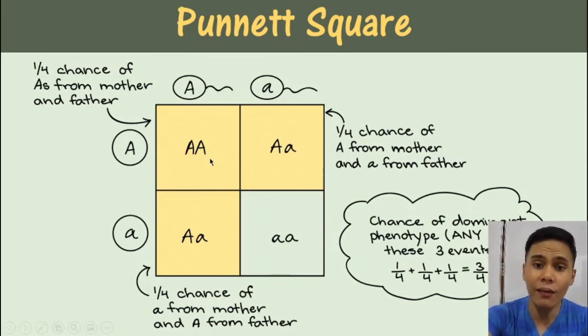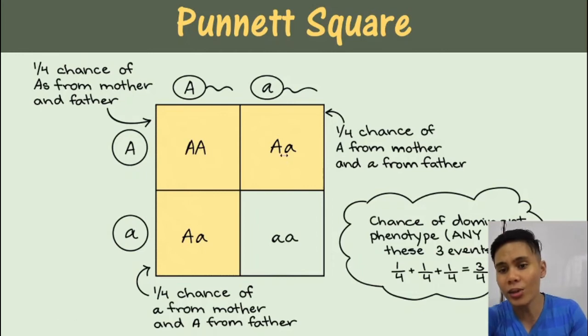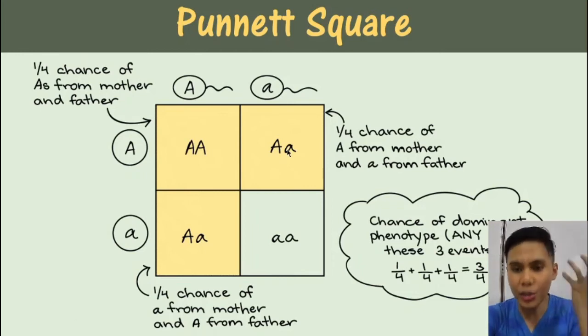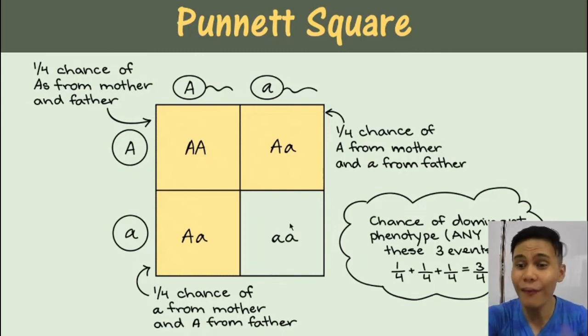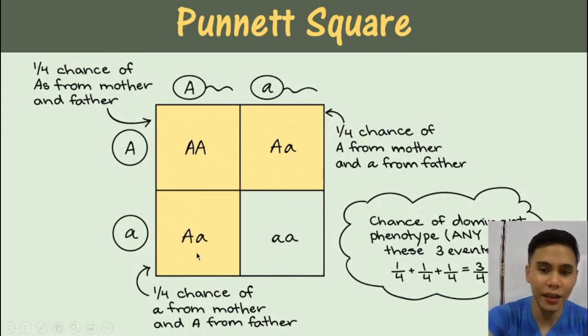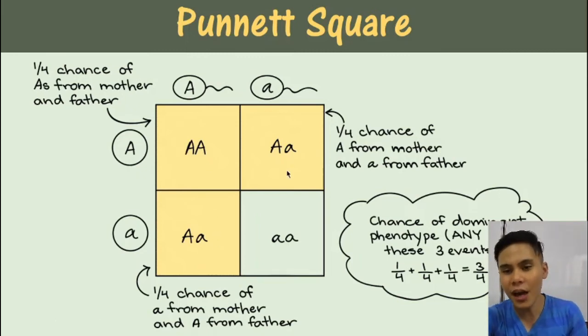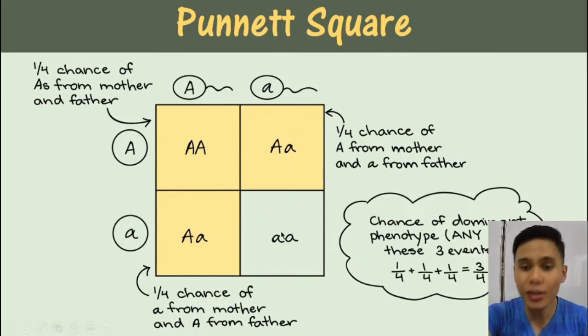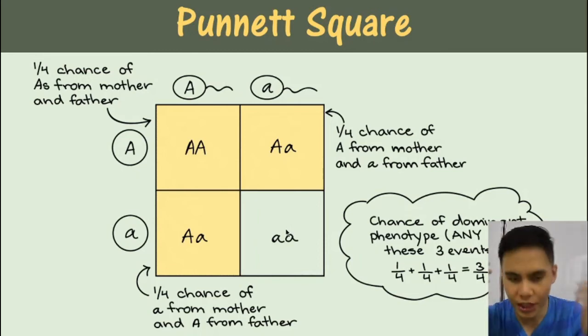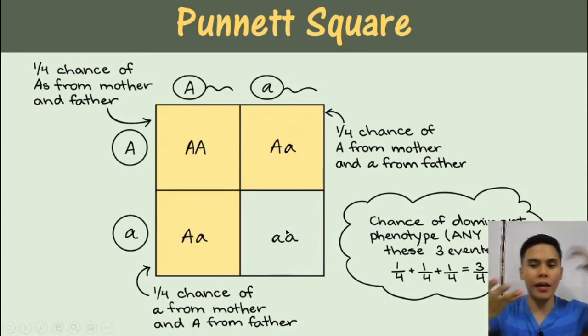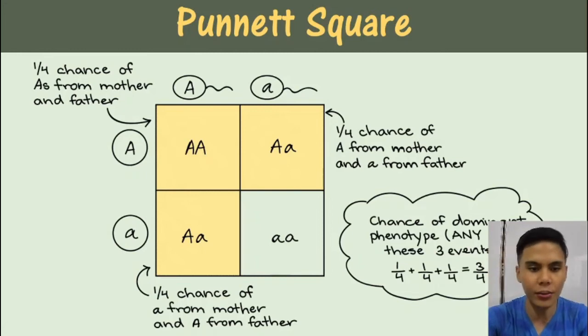Again, the traits of homozygous dominant and heterozygous are the same dominant trait. So only homozygous recessive will have recessive traits. That's why these 3 are the same color, because they will express the same trait. So 75% dominant and 25% recessive in terms of phenotype. So again, genotype and phenotype can have different ratios.